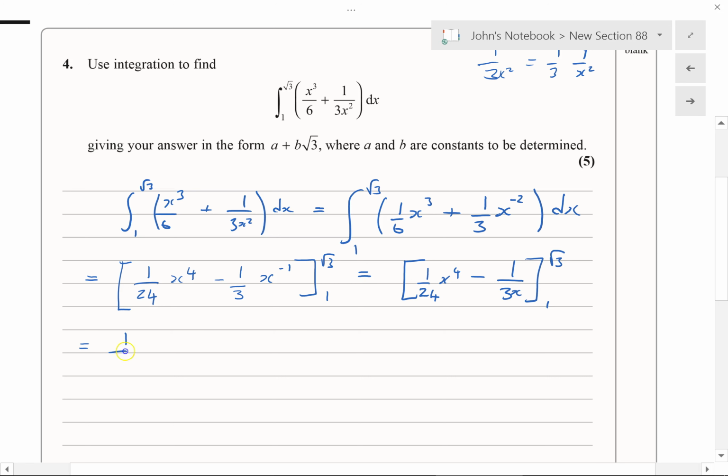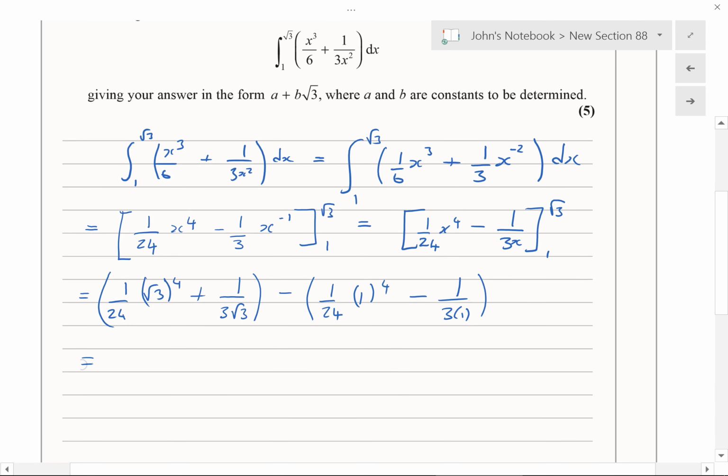So that equals 1 over 24, the square root of 3 to the power of 4, putting in the limits to this, so that's plus 1 over 3, the square root of 3. Then putting in the lower limit, but making sure you take it away, putting 1 into each of these: 1 over 24, 1 to the 4, minus 1 over 3 times 1.